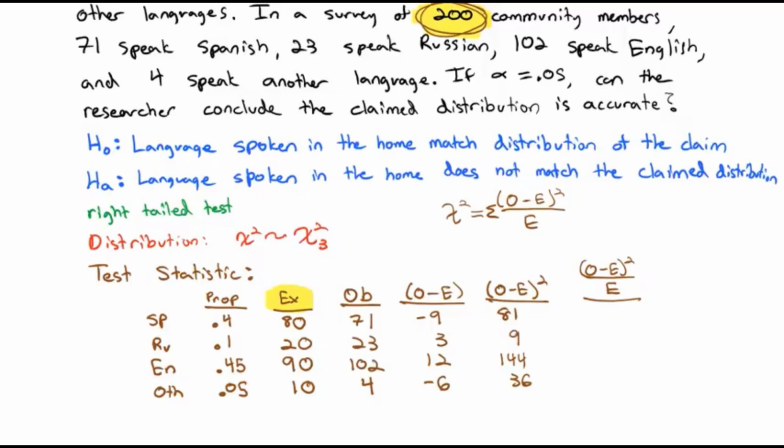So 81 divided by 80 is 1.0125. 9 divided by 20 is 0.45. 144 divided by 90 is 1.6. And 36 divided by 10 is 3.6.